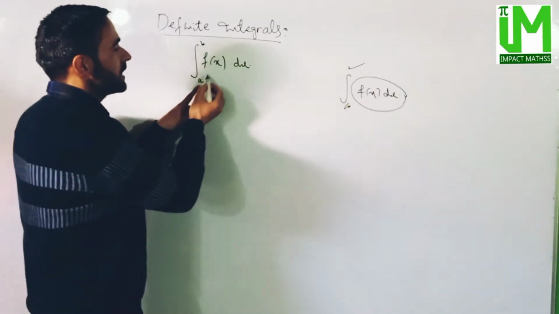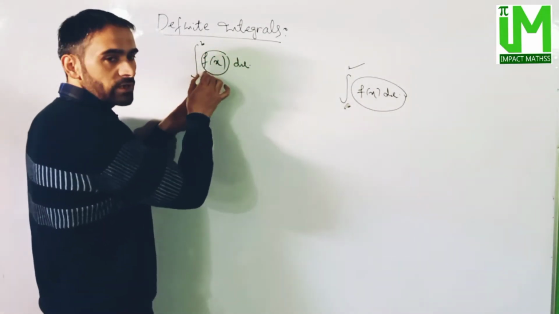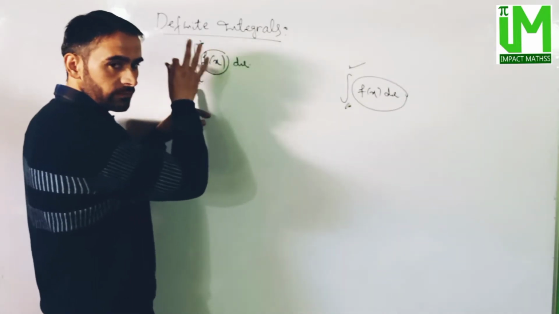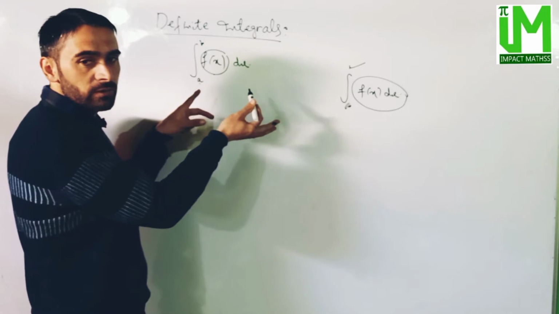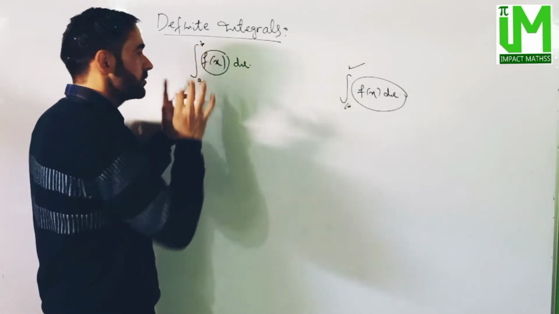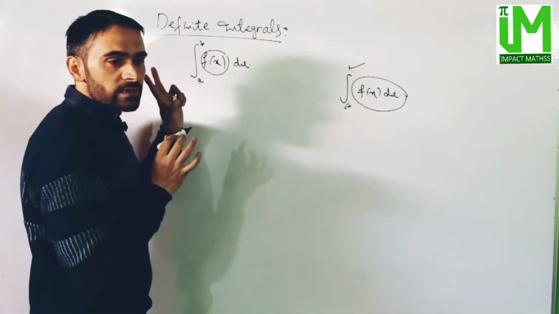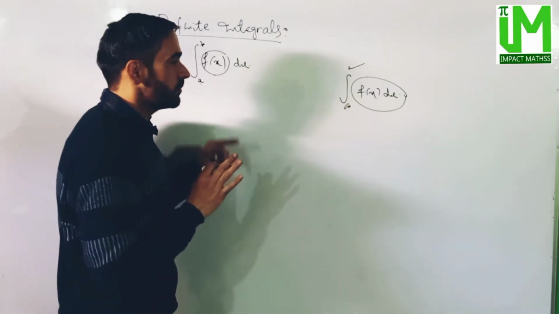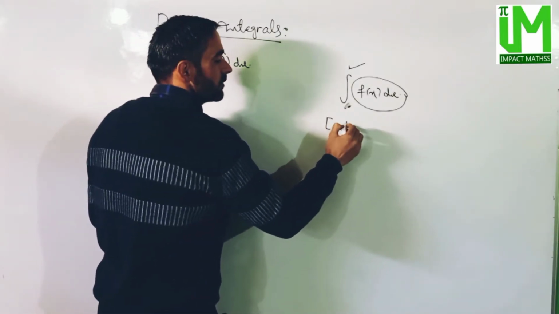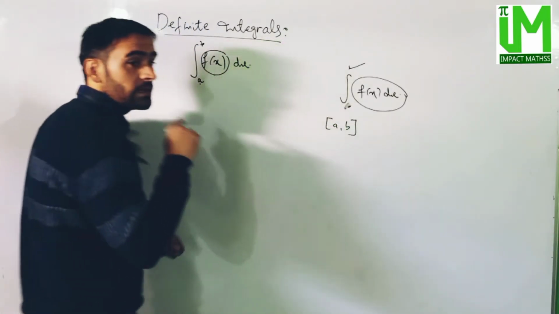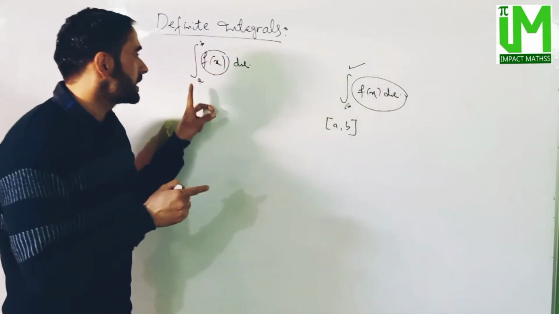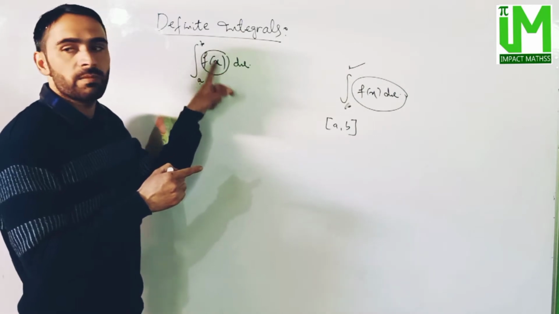So if we have a function f of x and we integrate it from a to b, within a particular closed interval, then that is denoted by integration of a to b f of x dx. So if the function f of x happens to be continuous in the closed interval ab, then its definite integral is denoted as integration of a to b f of x dx.